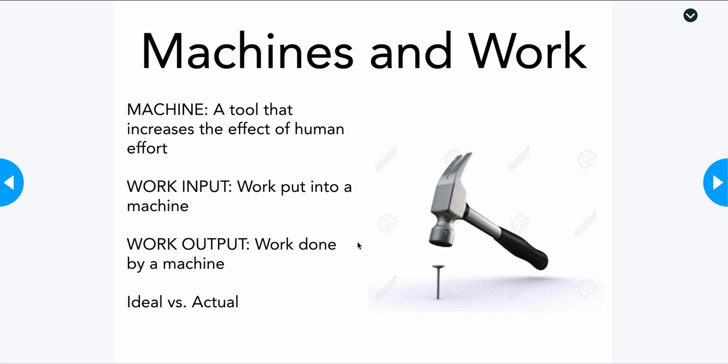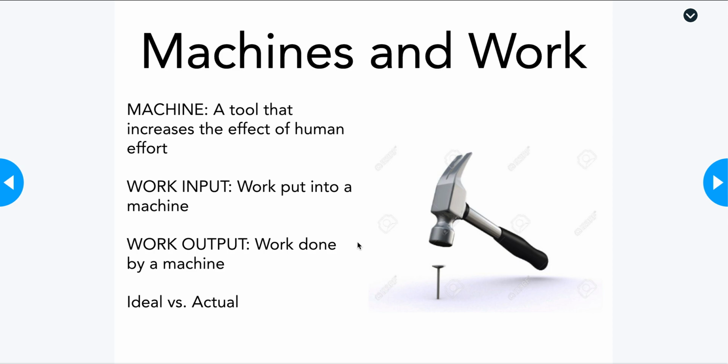Now, we also need to consider something, and this happens in physics a lot of times when you're dealing with these concepts, and that's the idea of ideal versus actual. So in reality, anytime you do work with a machine, some of that work is going to be lost to things like friction, which then becomes heat, and maybe some of it's going to be lost to sound.